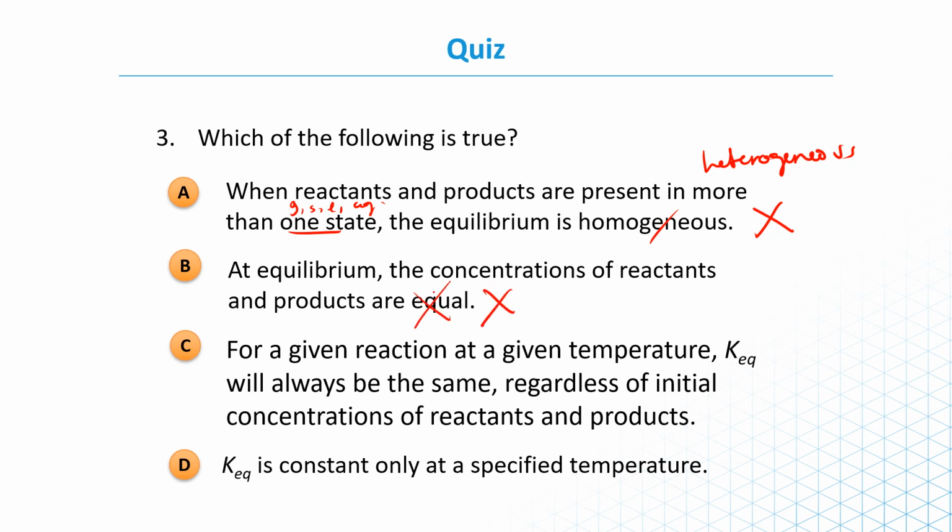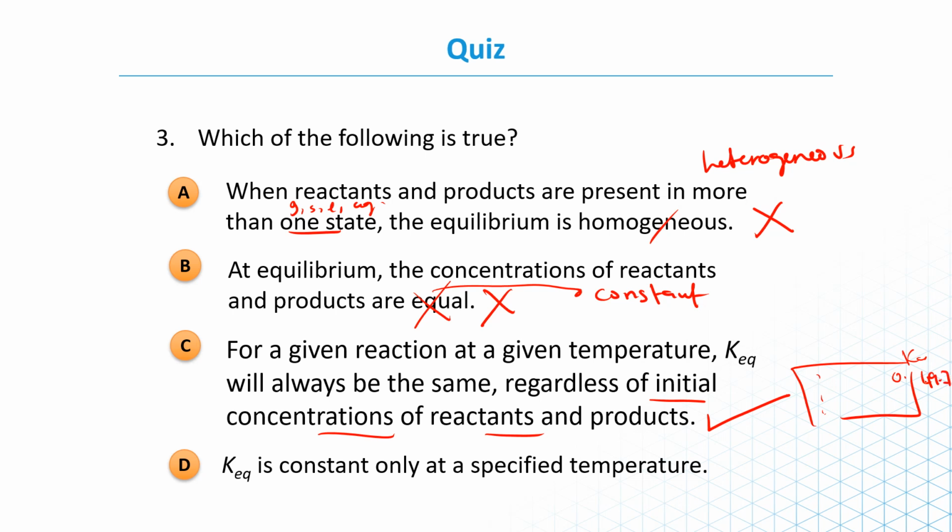They are not equal. They are constant. يعني ثابتين ما يتغيرون. For a given reaction at a given temperature, K equilibrium will always be the same, regardless of the initial concentrations of the reactants and products. That is true. اللي شفناها في الجدول لو تتذكرون كنا نغير القيم ويطلع لنا ال K equilibrium 49.7.